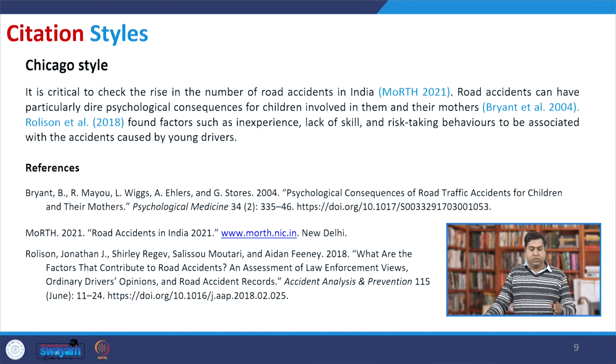Now, if you look at the Chicago style of referencing, in this case it is similar to APA, but here there is no bracket, okay, and it is something that you also need to follow. Then here also, if you would like, you can add the Ministry of Road Transport and Highway.